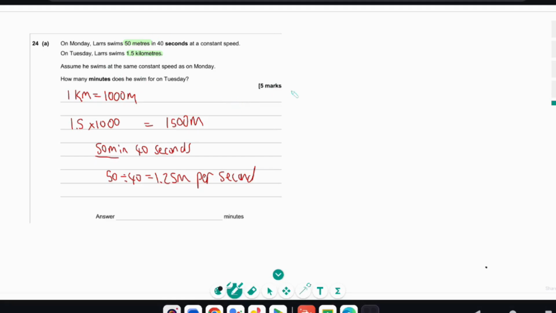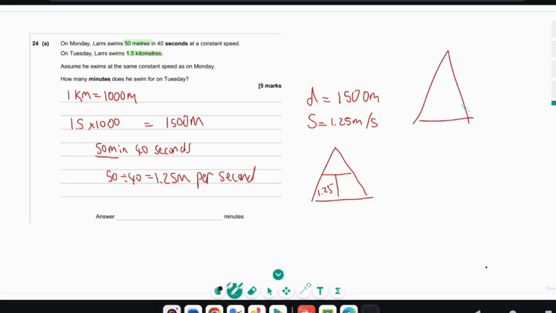So on Tuesday, he wants to go a distance of 1,500 metres, and his speed is 1.25 metres per second. So we could use a speed distance time triangle here to work out his time, in seconds at least. If you're familiar with these, it's speed distance time. Speed is 1.25, distance 1,500.